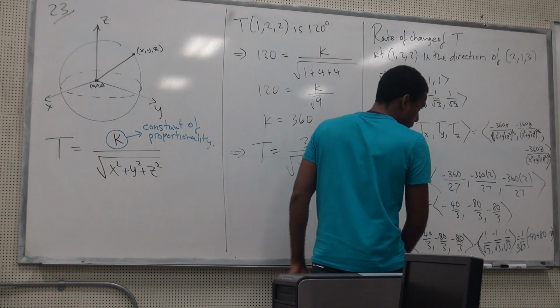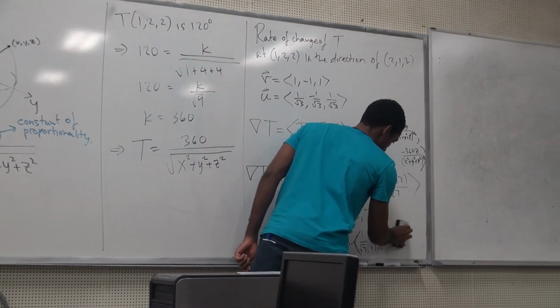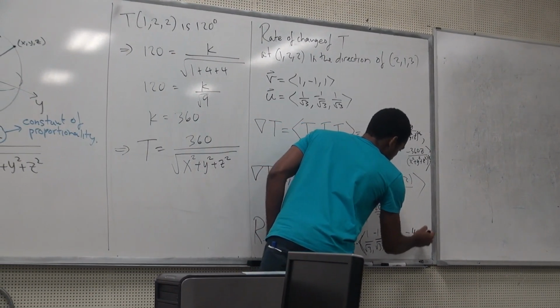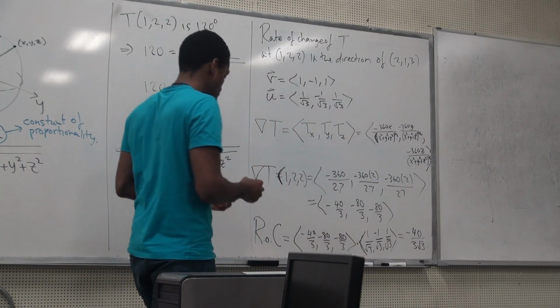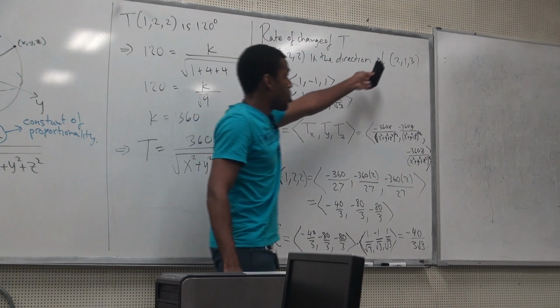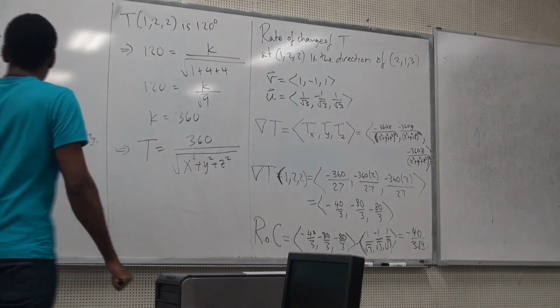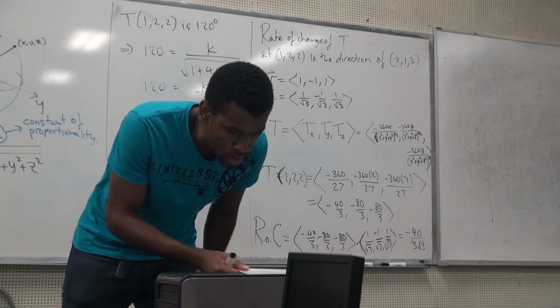So we add 80 and subtract 80 and we just get minus 40 over 3 radical 3. So it means as we're at this point and we're moving towards that point, our temperature is actually dropping. We're getting colder. So that's the rate of change.